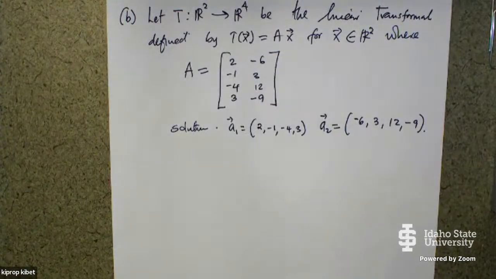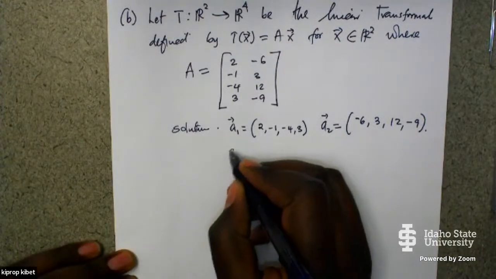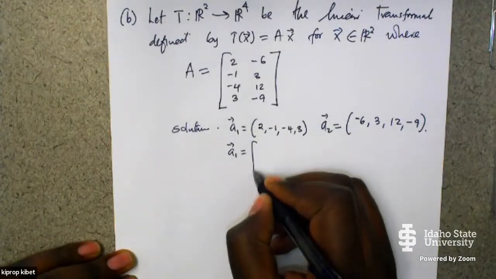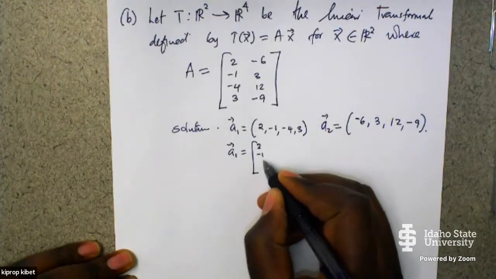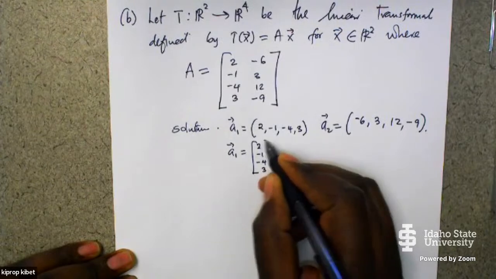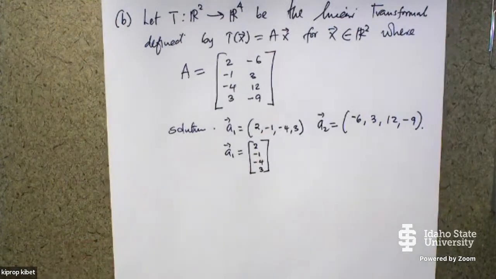You can write the vectors either with parentheses on one line, or with brackets as a column. It is still the same thing.